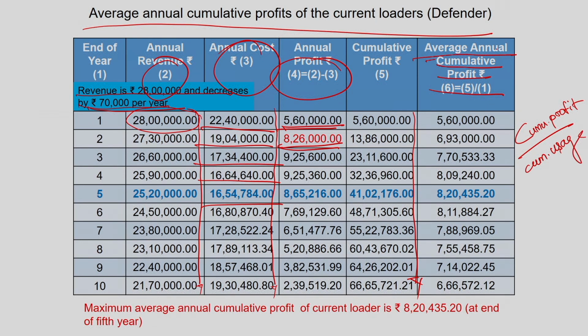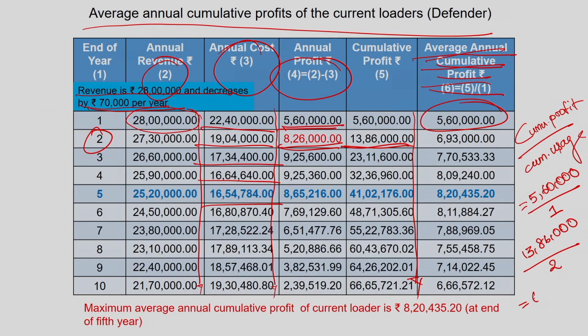For the first year the cumulative profit is 5 lakh 60,000, divided by year 1, that gives me the average annual cumulative profit for the first year. For the second year, the cumulative profit is 13 lakh 86,000 divided by the cumulative usage of 2 years. Now, you get the average annual cumulative profit as 6 lakh 93,000.